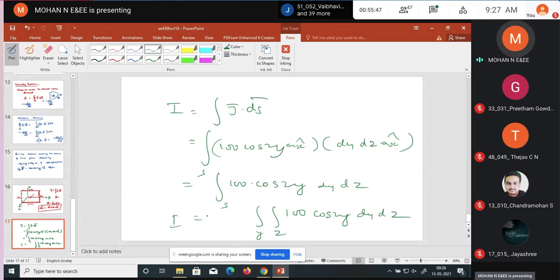Okay, cos 2y: once you have to integrate with respect to y, and once with respect to z. So you just apply the limits, you will get the answer. So I is 2 amperes. So the amount of current flowing through this plane is 2 amperes.